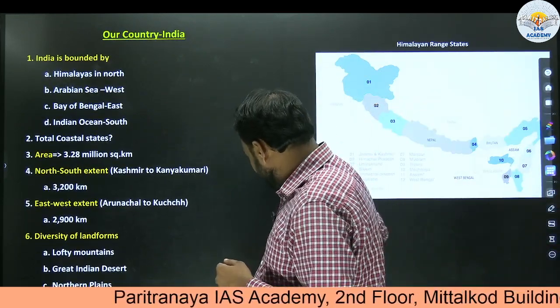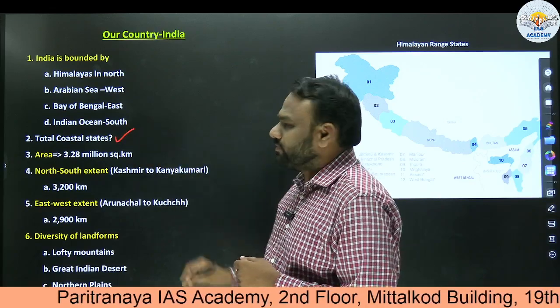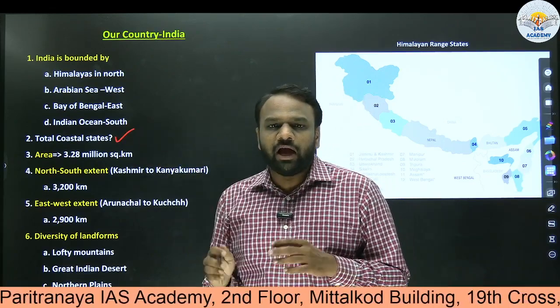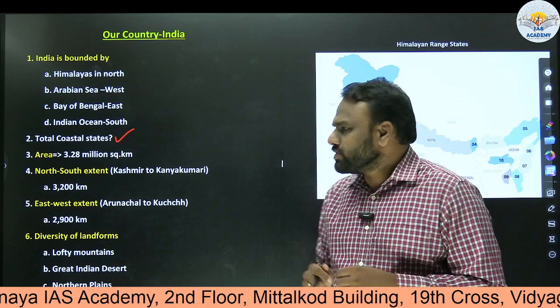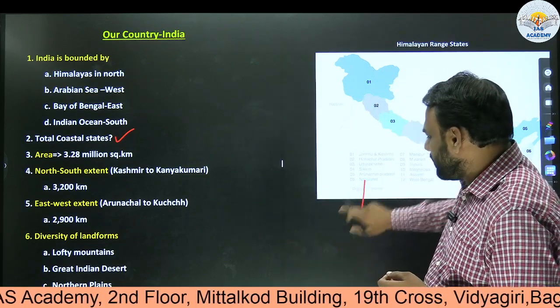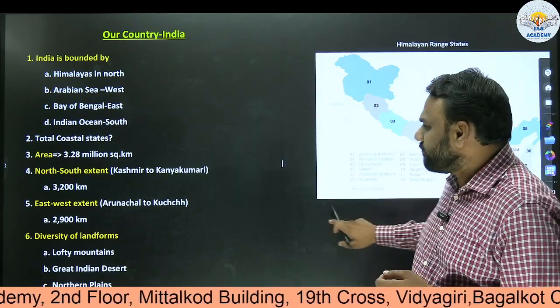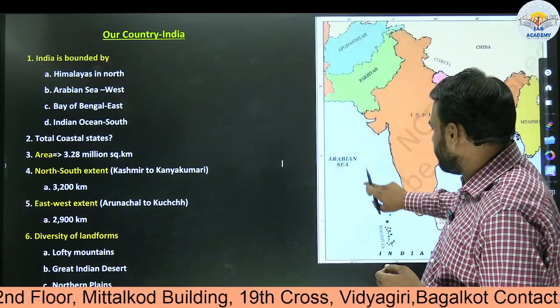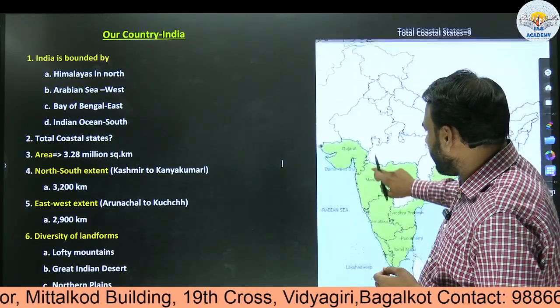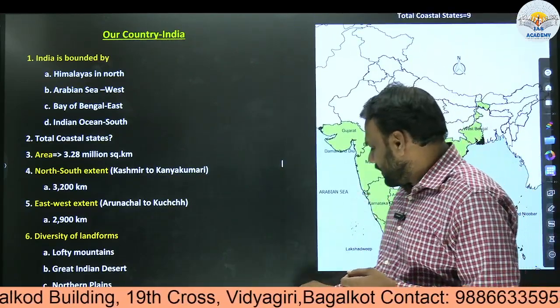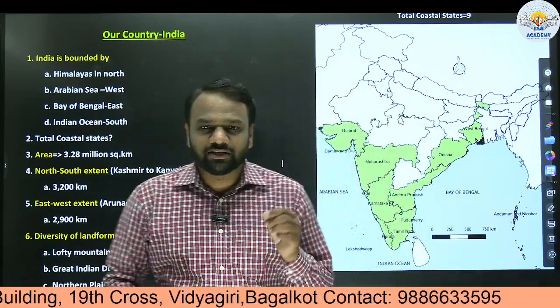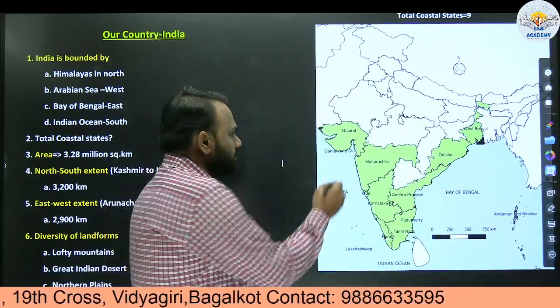Next, out of curiosity, we can ask which are the coastal states, meaning how many states of India have a coastal boundary. Again, this information you will not directly find in NCERTs, but we have to explore for more information. India has 9 coastal states. Which are they?